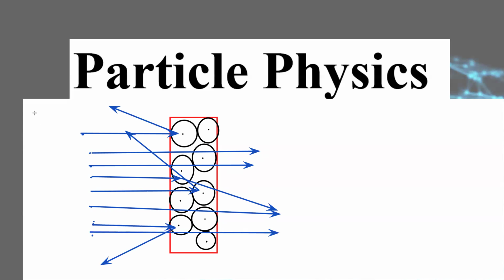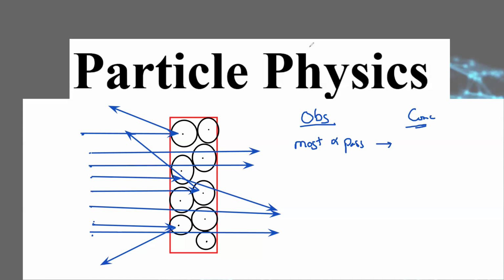So what is the conclusion he drew from this? The first observation was that most of the alpha particles pass through. What conclusion did he draw from this observation? He said that the major portion of the atom is empty.